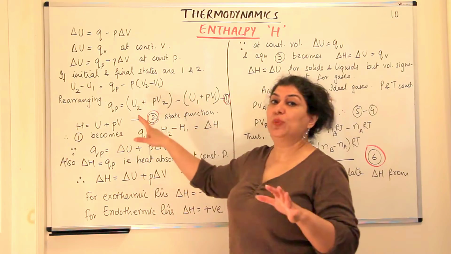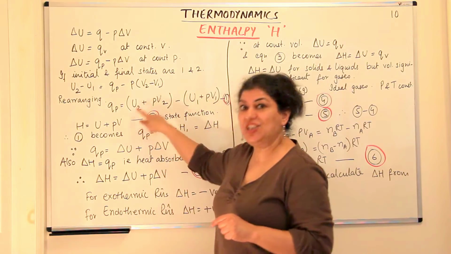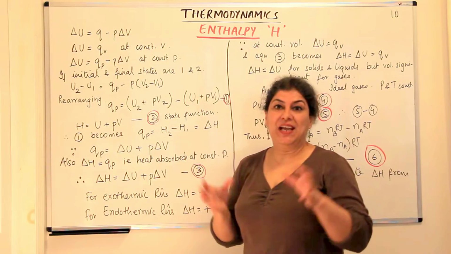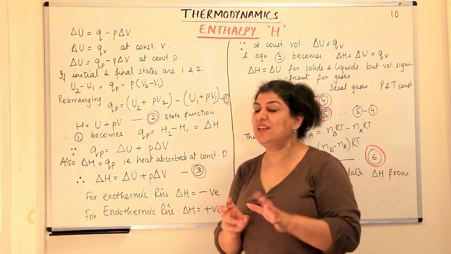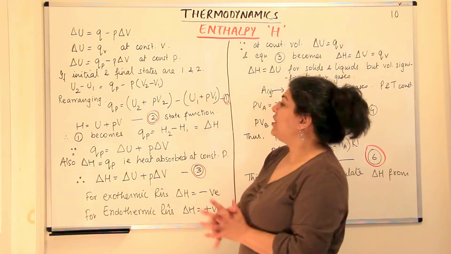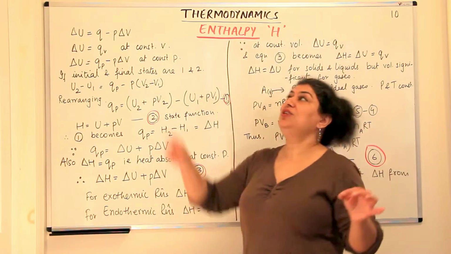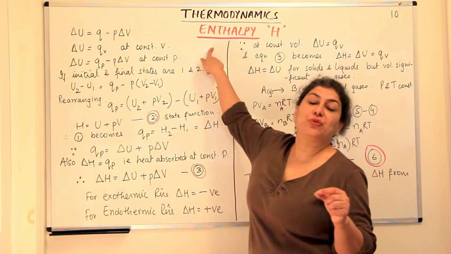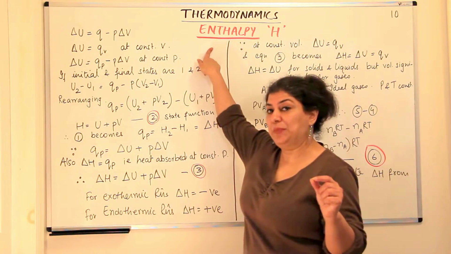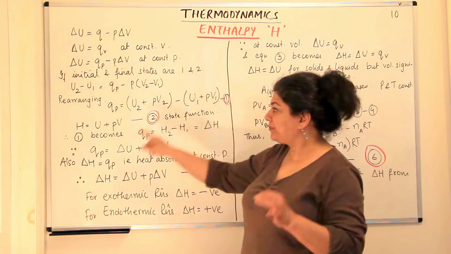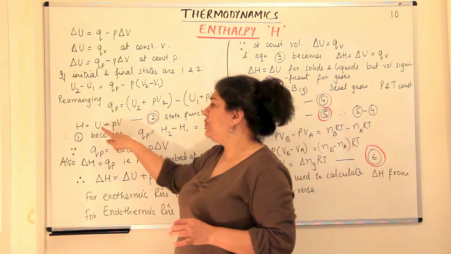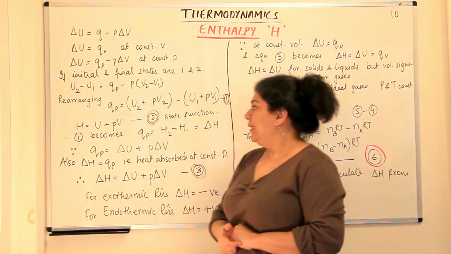Enthalpy was said to be equal to the sum of the internal energy and work done. So this quantity was introduced as the new state function, which is known as enthalpy or heat content. So H is equal to U plus PV.